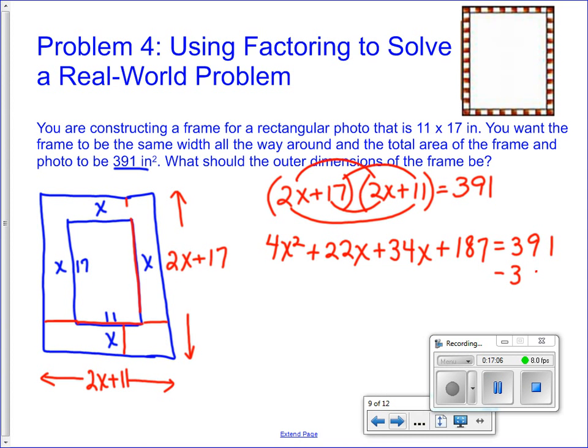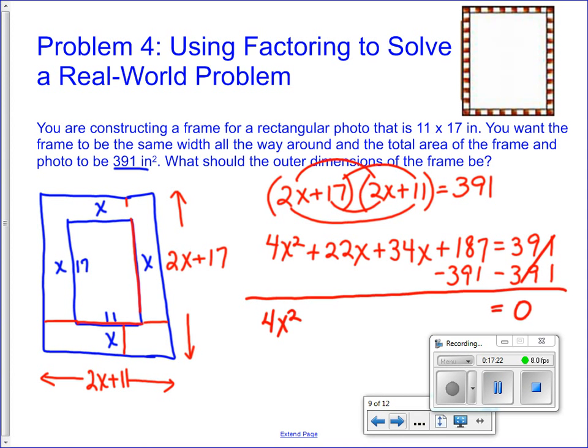Now we want to subtract 391 from each side to make that equal to 0. And then we're going to factor this again. I know I have 0 on the right side. That's what I want. I have 4x squared. Let's combine these two terms. They are like terms. And that 22x plus 34x would be 56x.